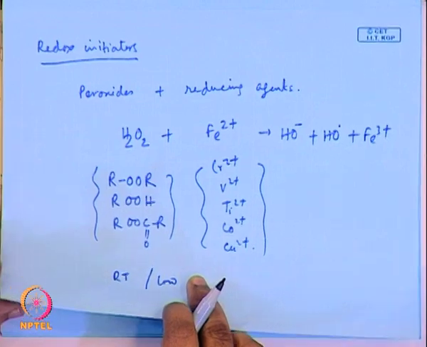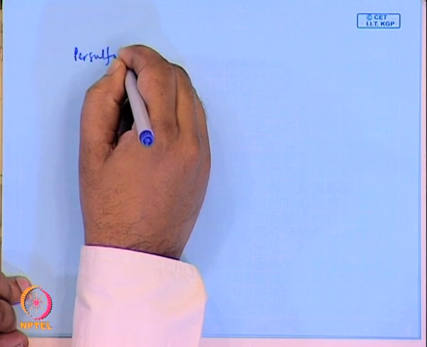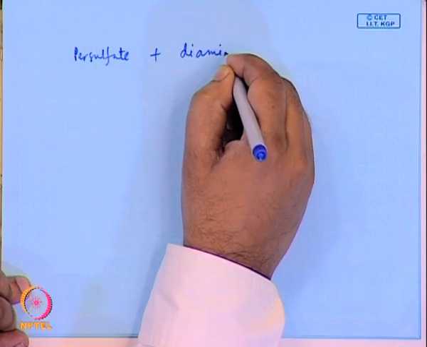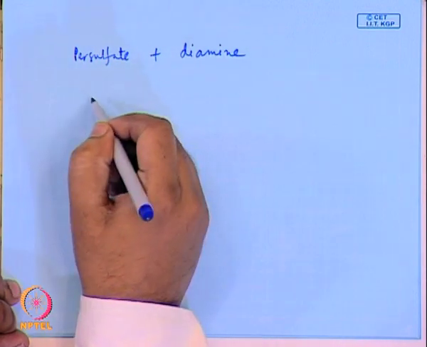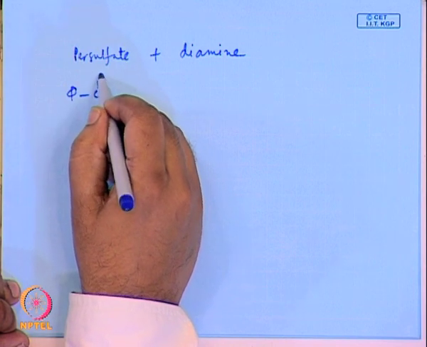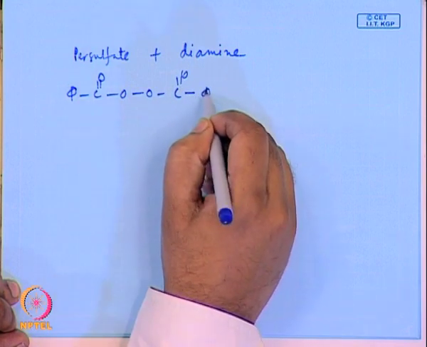The other example of a redox initiator is persulfate plus diamine, again a combination of reducing and oxidizing agents.